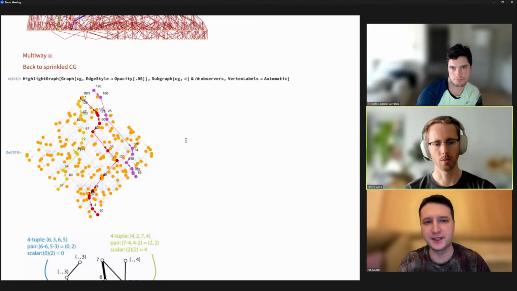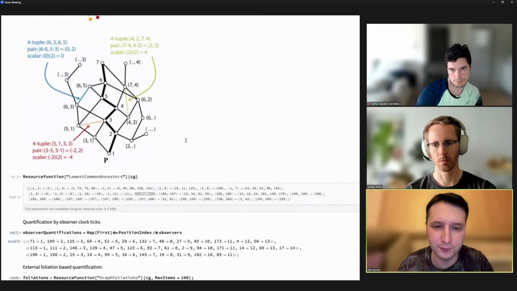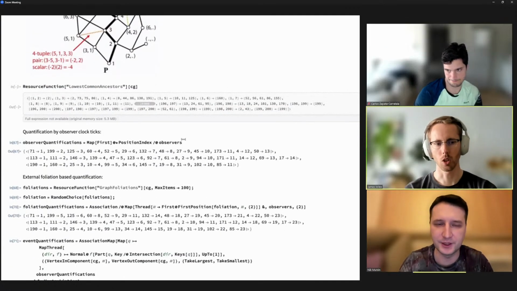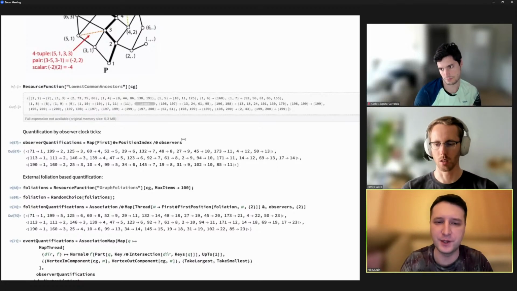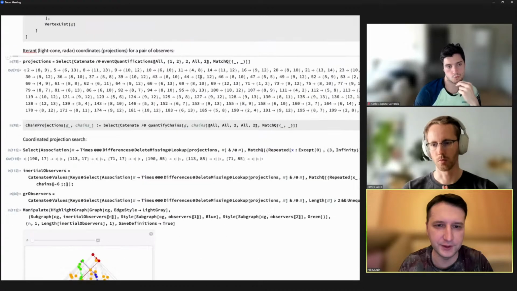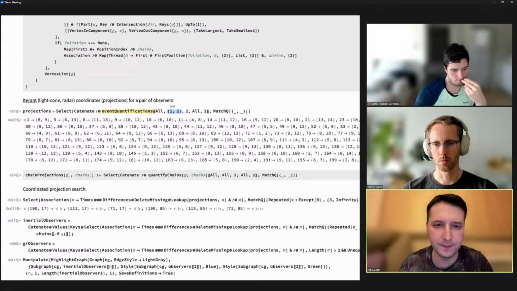Okay. But I could see, if I had sprinkled them on a three-dimensional manifold, then maybe two observers wouldn't be enough to assign correctly. Okay, I see what you're saying now. Yeah. But here I knew a priori that it's two-dimensional, and I sampled a pair of observers. I think here it says that I just took some random two observers.